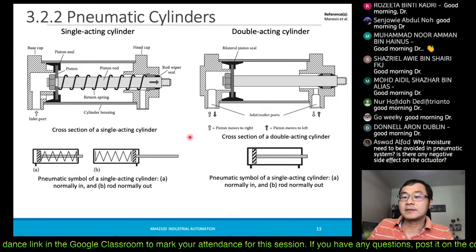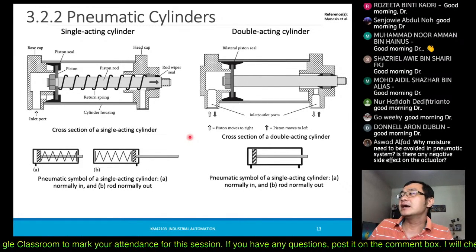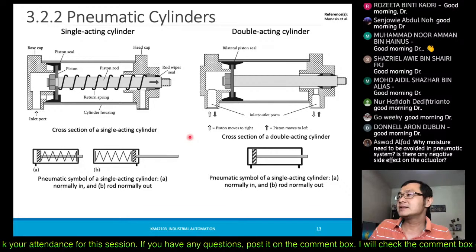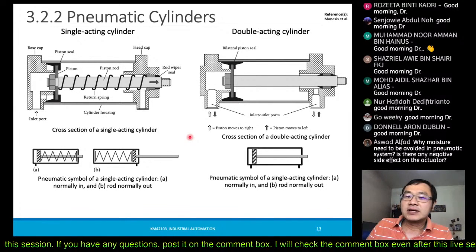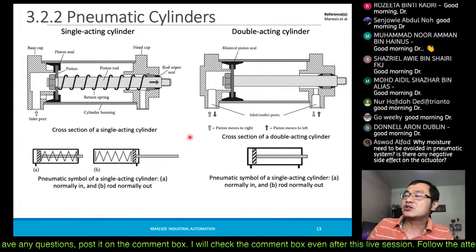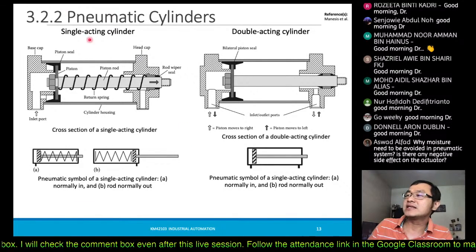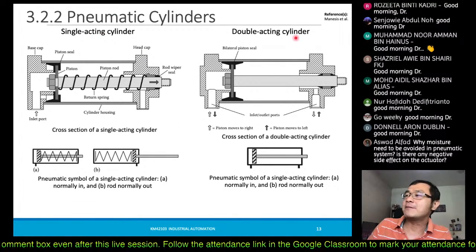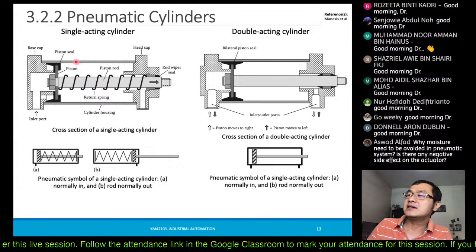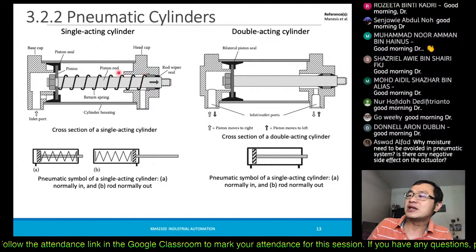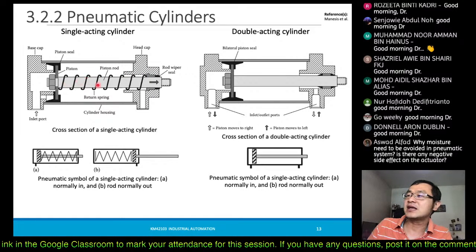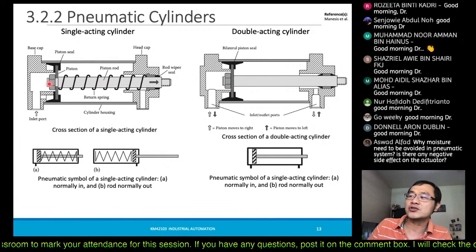Right, then we move on to this pneumatic cylinder. We can see that there are generally two main types of cylinder. We call them single acting and double acting. As I've mentioned previously, the single acting will usually have a spring to return it to the original position.